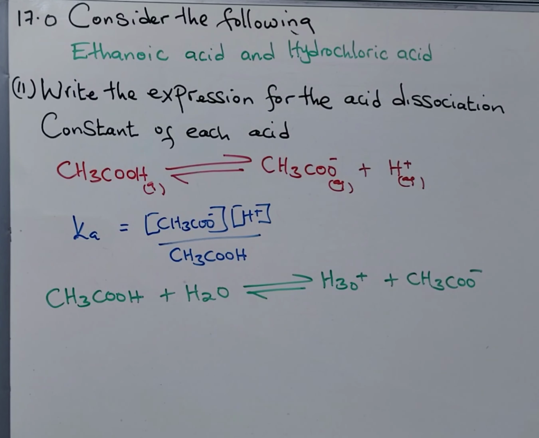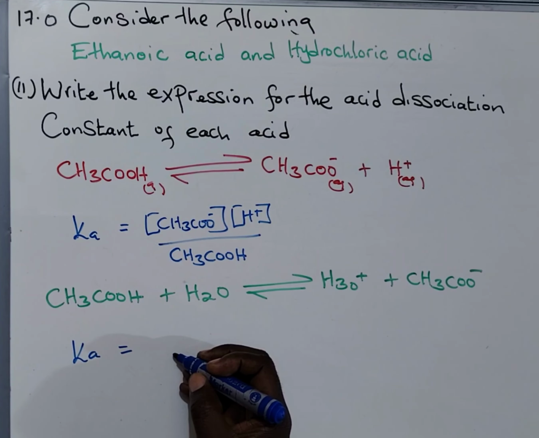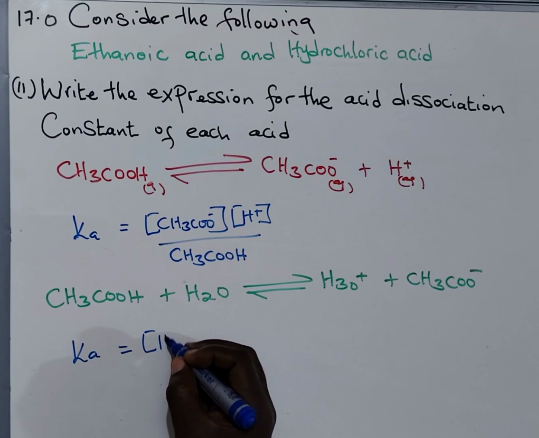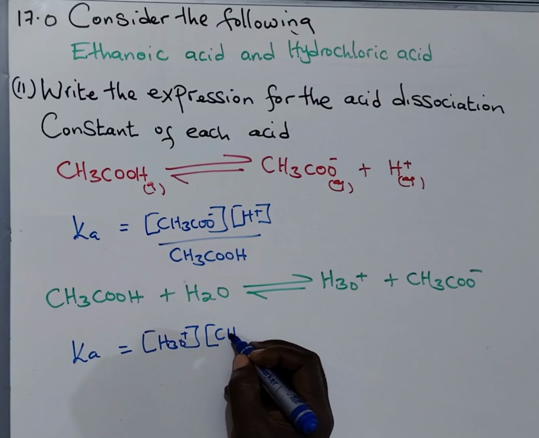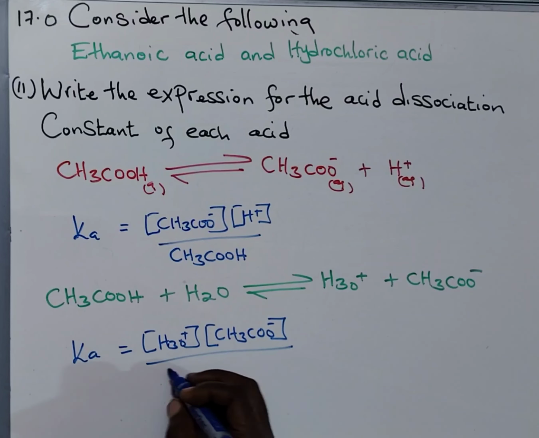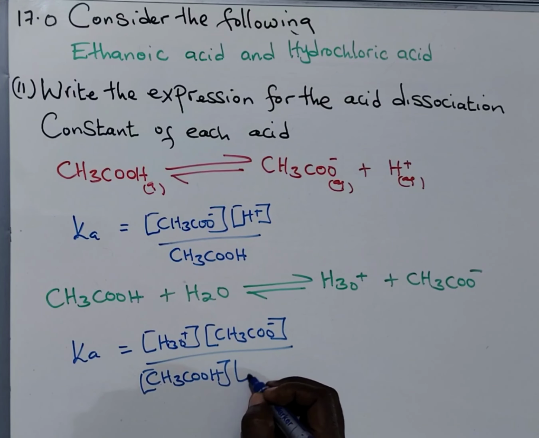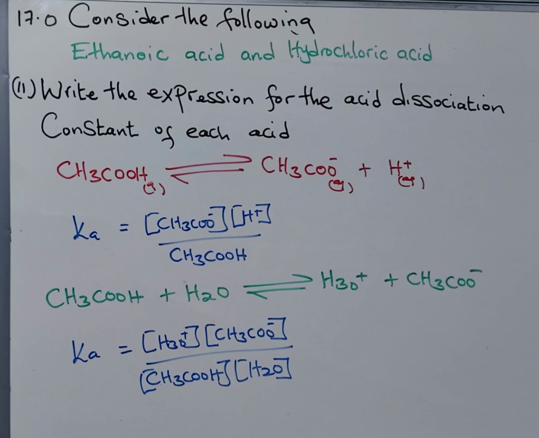How do you go about it? The Ka will be the concentration of the products, hydronium ion times ethanoate, over CH3COOH times water. But what do we know about water?